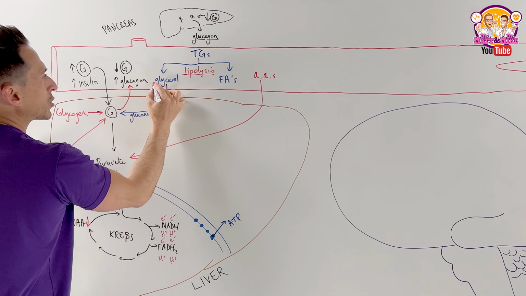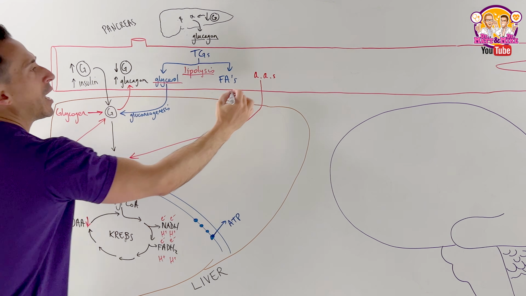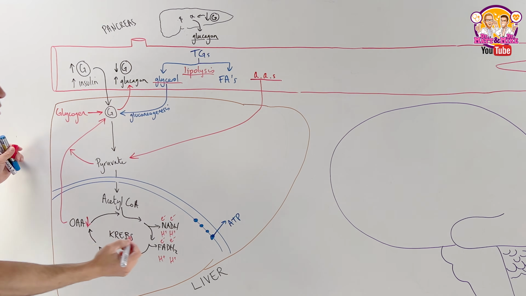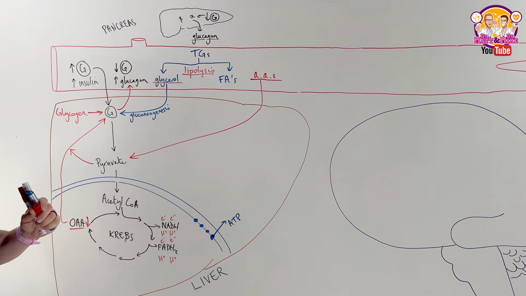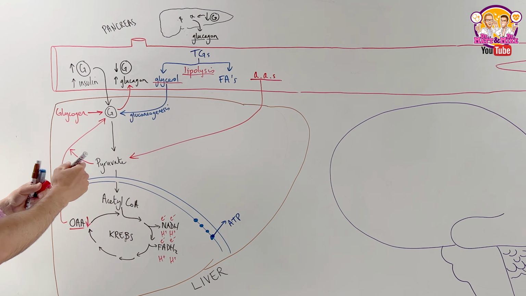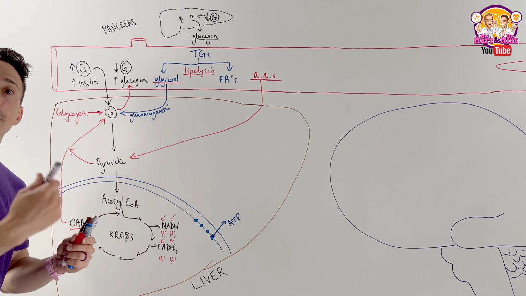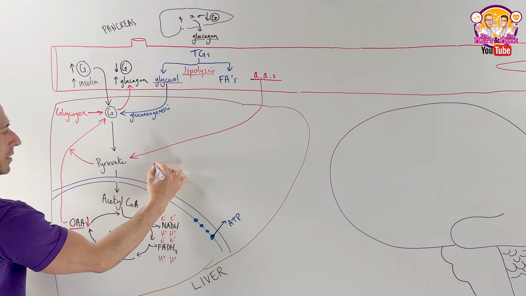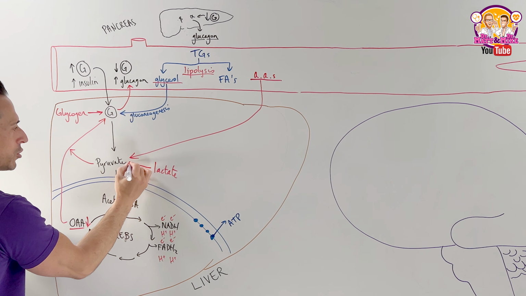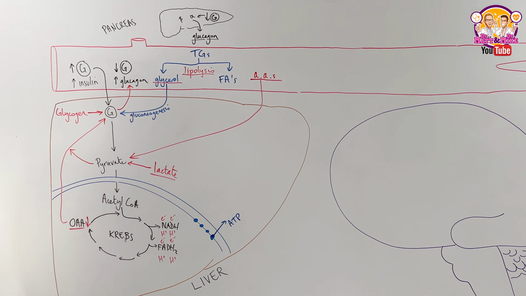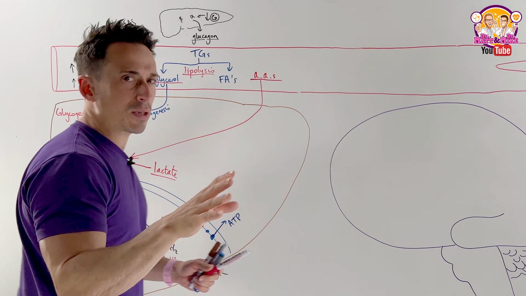We've got glycerol as a gluconeogenic substrate. Amino acids are a gluconeogenic substrate. Oxaloacetate is a gluconeogenic substrate. Another thing that's a gluconeogenic substrate is in our muscle tissue, lactate will have been produced, and that can turn to pyruvate. So that's a gluconeogenic substrate.